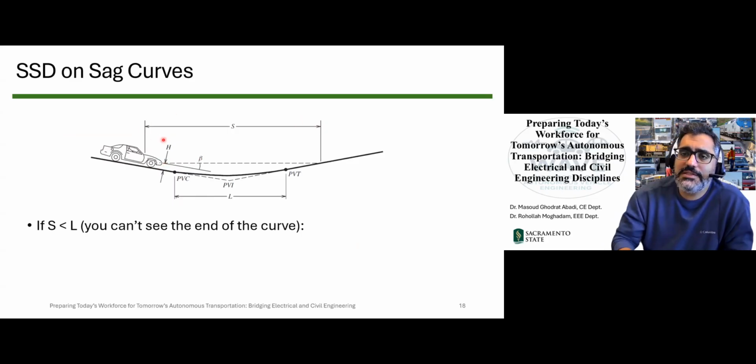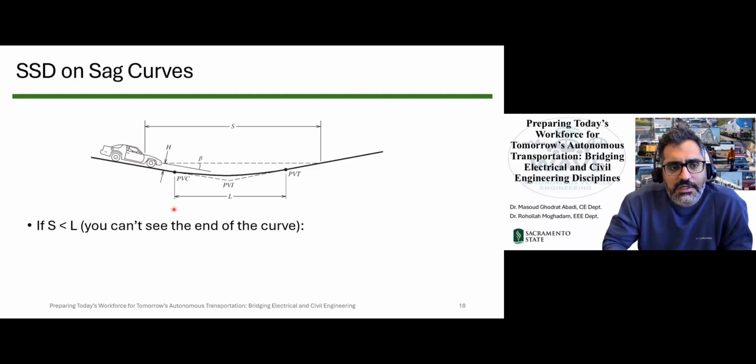This stopping sight distance is the same as before. It hasn't changed. Remember, I told you we mostly find the stopping sight distance values for highway geometric design using G equal to zero grade, in order to stay conservative. So that value would be the same for the same speed on the sag curves and crest curves.